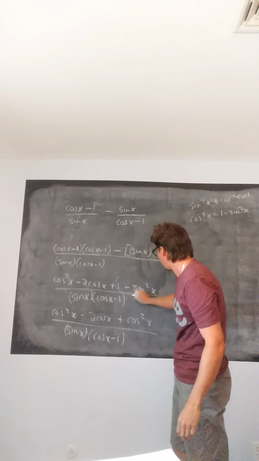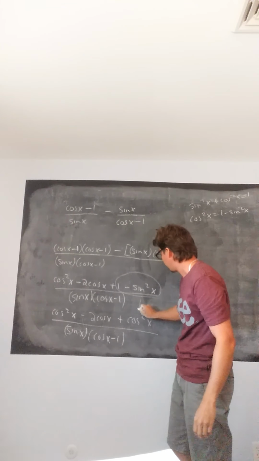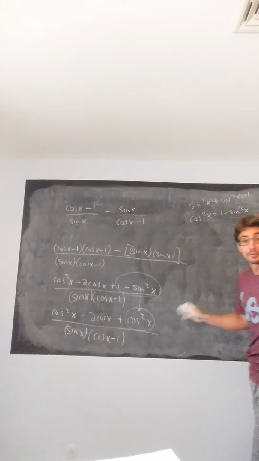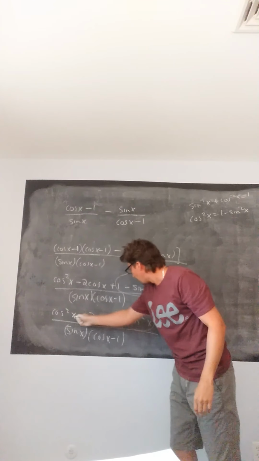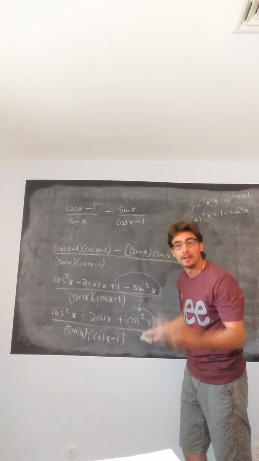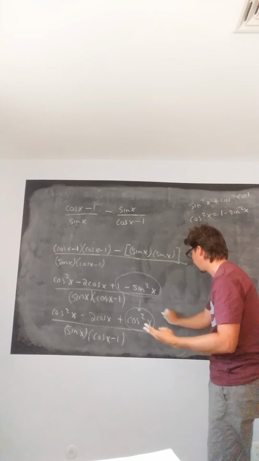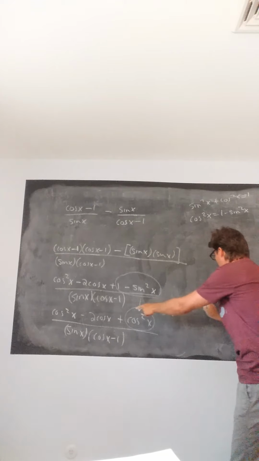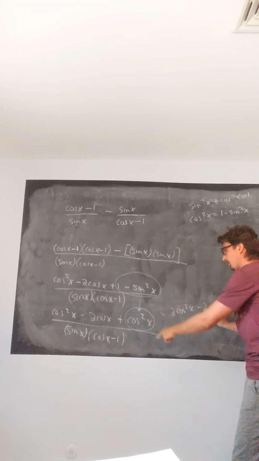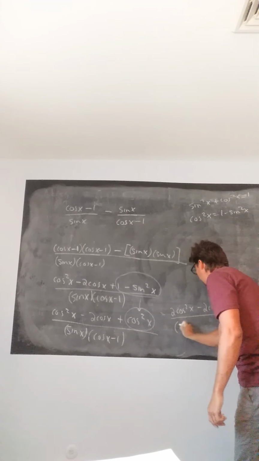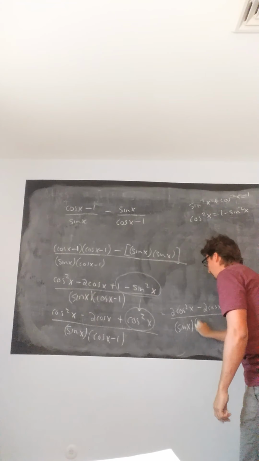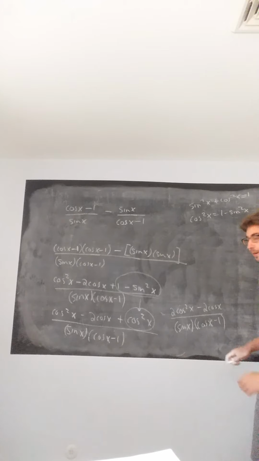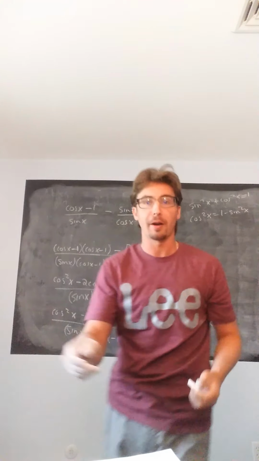This whole thing right here becomes this guy right here, cosine squared. And now we have some good news because we could combine cosine squared and cosine squared to give us 2 cosine squared. So we've got 2 cosine squared x minus the 2 cosine x over sine x times cosine x minus 1. So now we're cooking, right? Now we're making some progress.